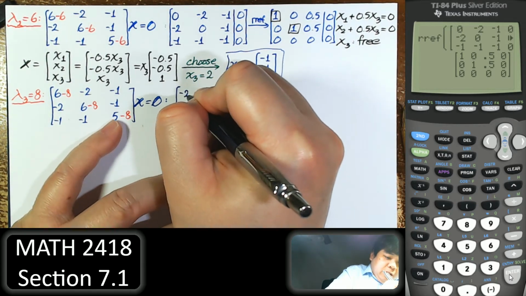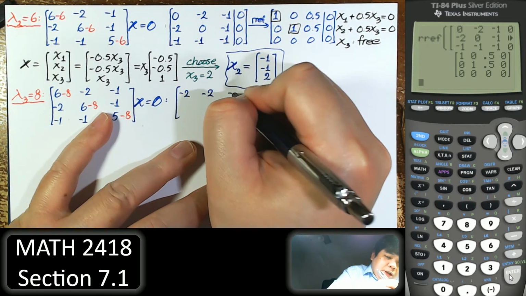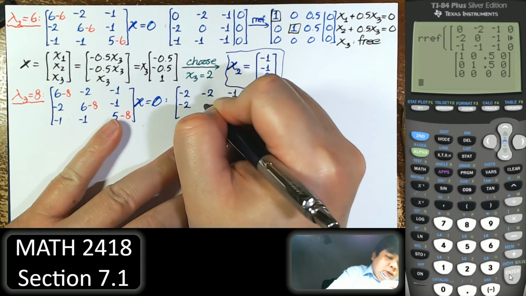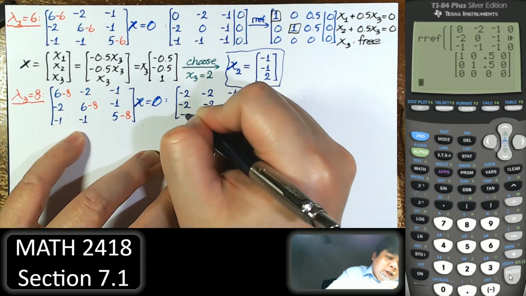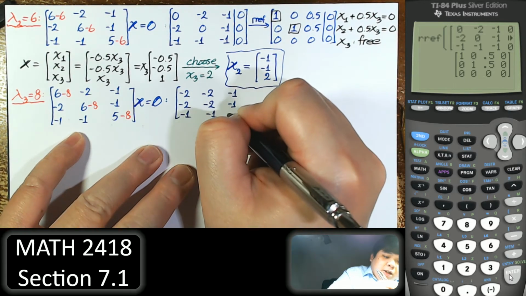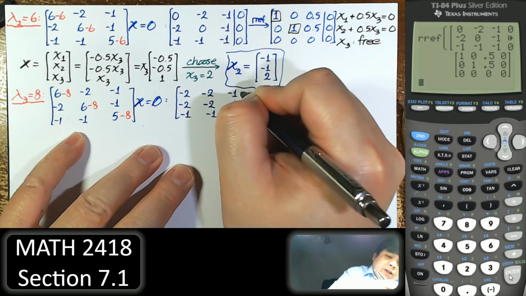Right, -2, -2, -1, -2, -2, -1, -1, -1, and -3.